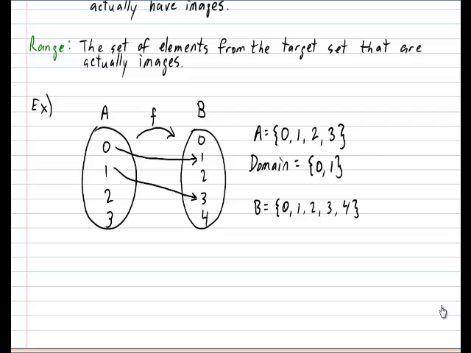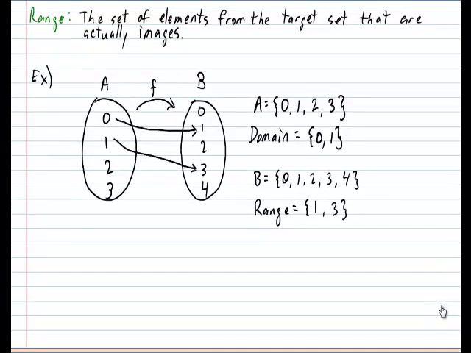And there's only 2 objects that have a connection. So the range only includes the 1 and the 3. Those are the only 2 objects in the target set that have connections. And this is the difference between domain and range.